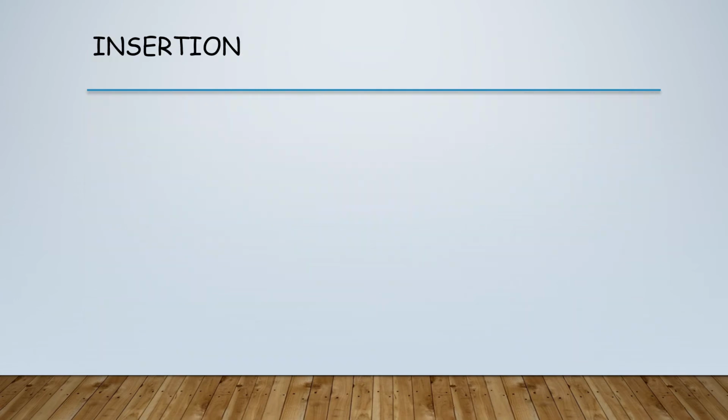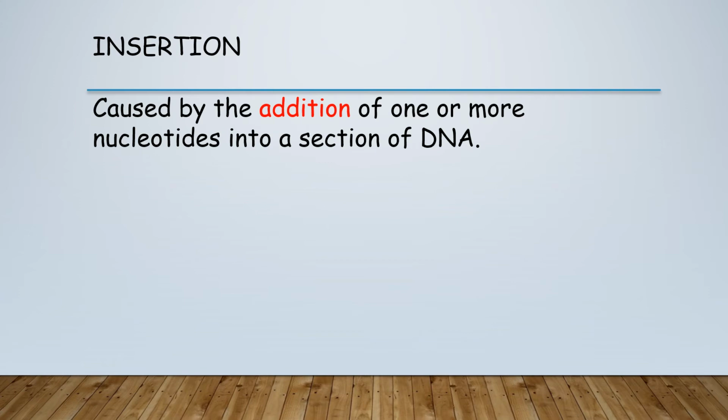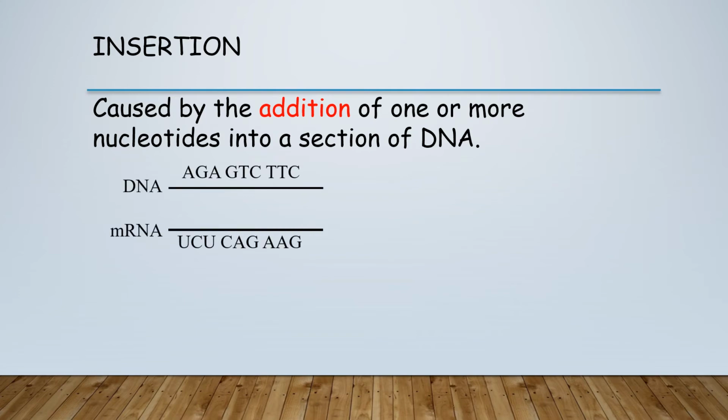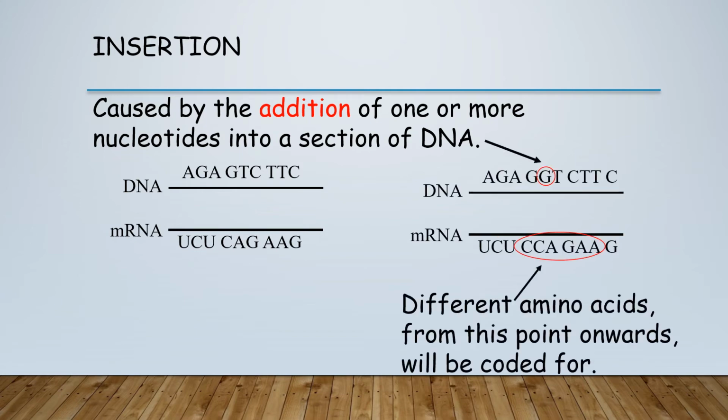Our second form of single gene mutation is insertion. And as it sounds, we're going to add in one or more nucleotides into a section of DNA. So here's our original DNA, AGA, GTC, TTC, and you've got your mRNA code there. We end up adding in a G into our second codon. So instead of GTC, we get GGT.